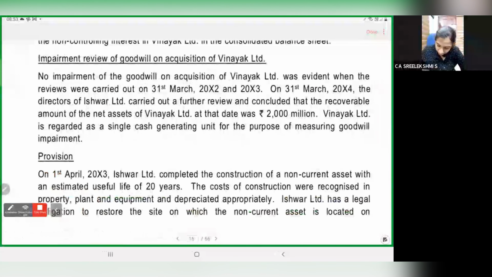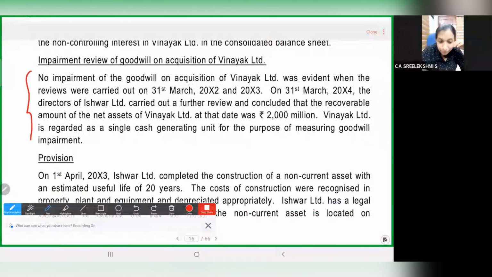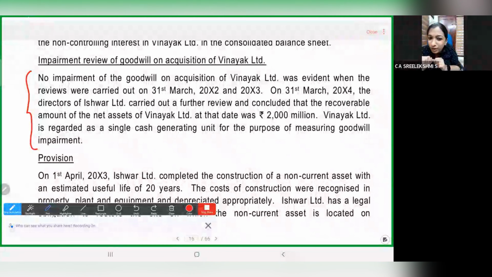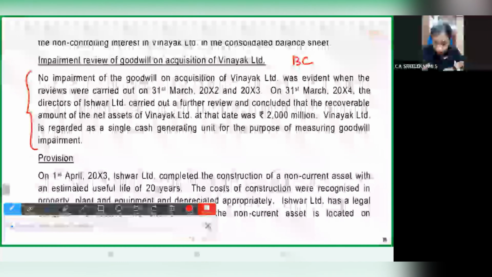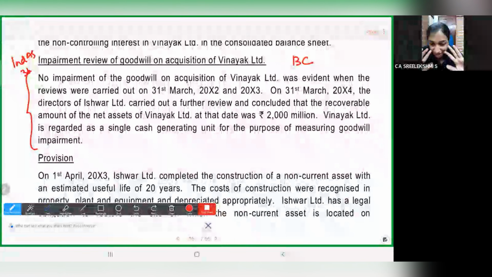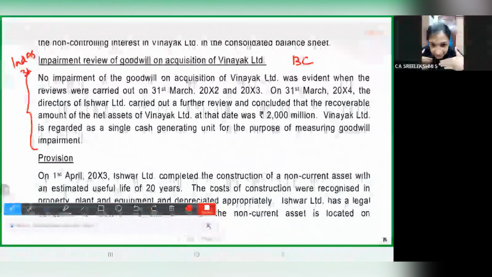Now, the impairment is actually of goodwill. We compute goodwill at the time of business combination. As per Ind AS 36, actually, in the revision lecture, we have not discussed Ind AS 36, so let's take impairment in 36.